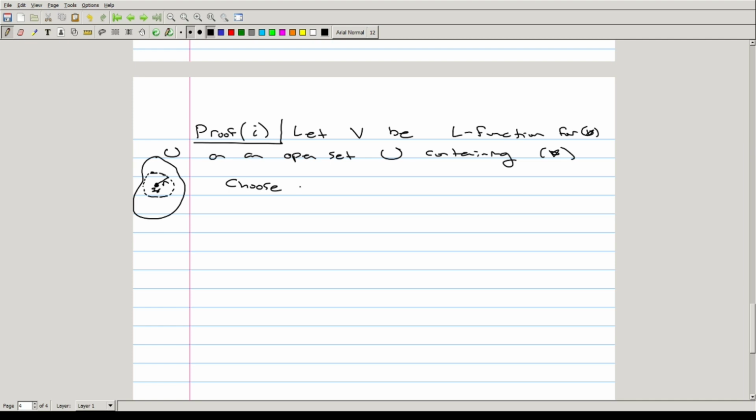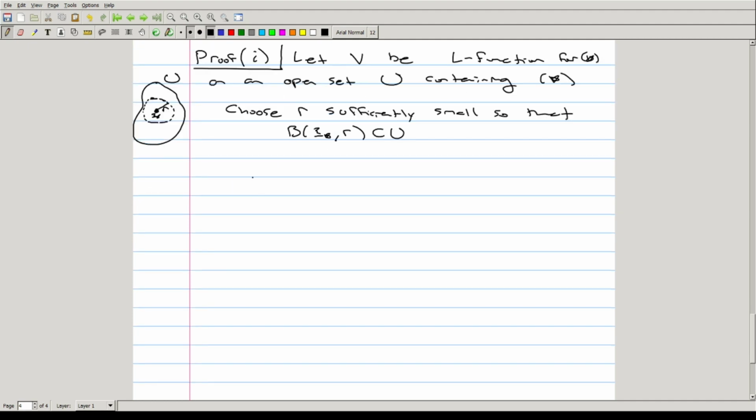So choose the radius of the ball, r, sufficiently small so that the ball around xi star is contained entirely inside U, and define the following value.